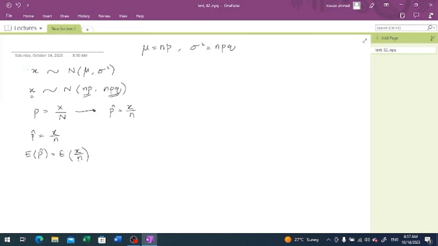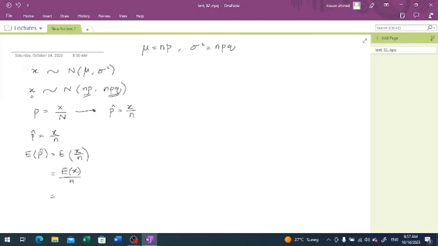On the right hand side, x is a variable whereas n is a constant, so the constant comes outside the parenthesis as it is in the divisor, and the expected value operator is applied on random variable x.